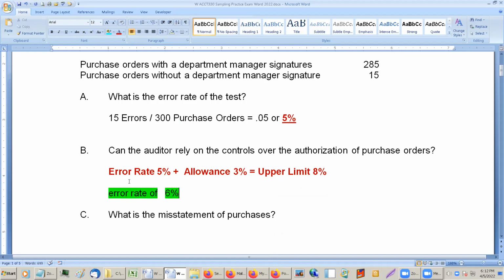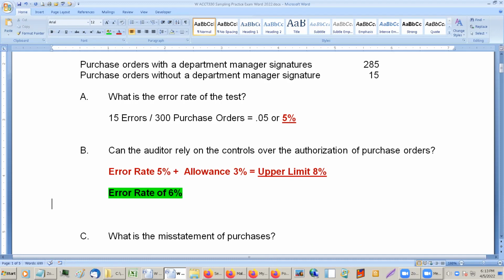If we're going to have an allowable error rate of 6%, then no, because this could be off by as much as 8%. So comparing those two, it would be no. I get that when we say allowable error.